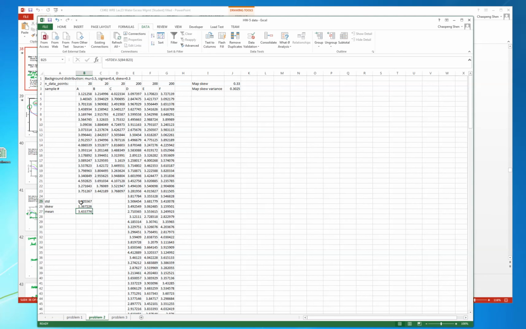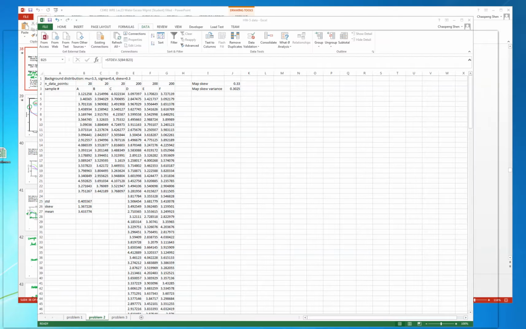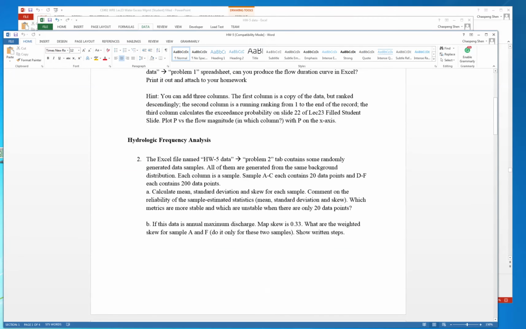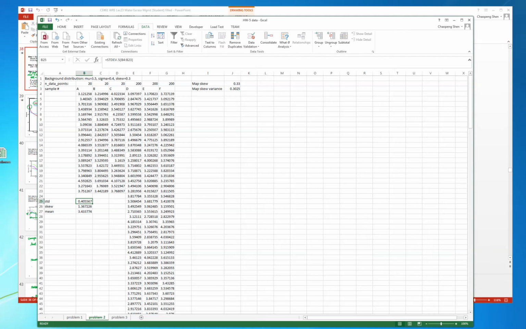The problem asks you to comment on the reliability of the statistics. So calculate this standard deviation for all these different columns, and you know the first 3 columns only have 20 data points. The last 3 columns have 200 data points. When you only have 20 data points, is this value truly going to give you a reliable reading?